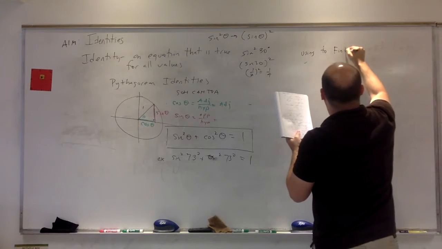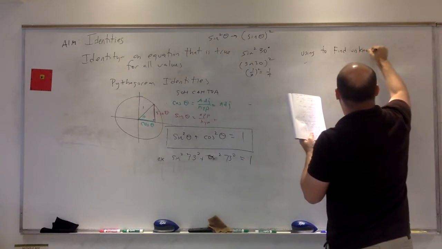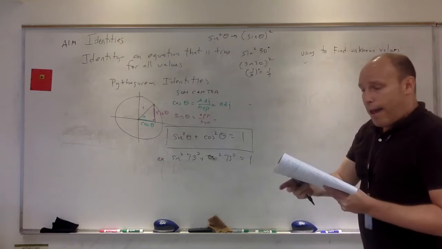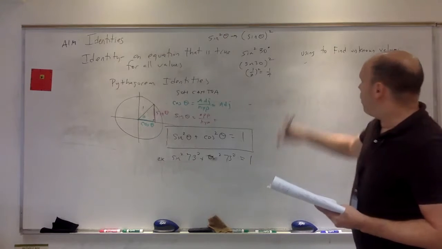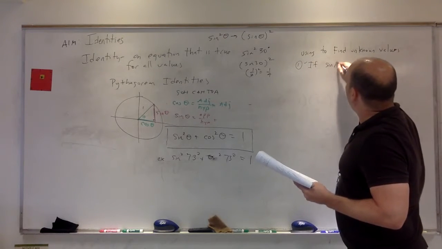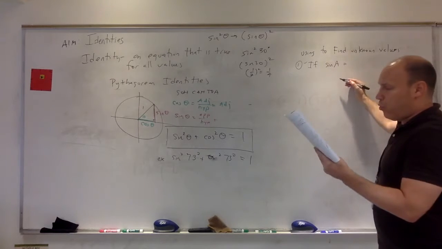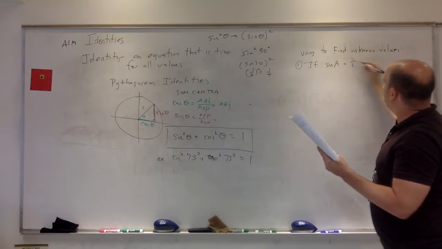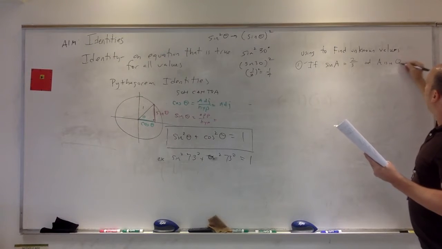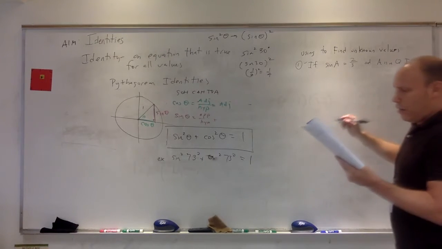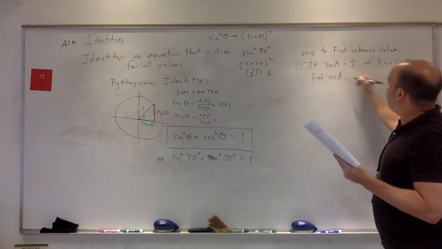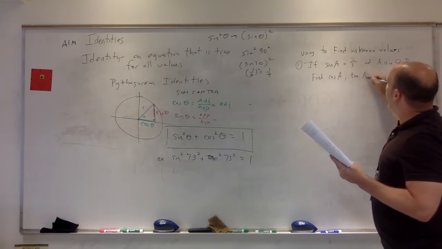When you have problems like this, you have a couple of options. We're going to start with the algebraic solution, even though I'm a big proponent of geometry. We have sine of A, and we're looking for cosine of A. I have this identity: sine squared of A plus cosine squared of A equals 1.